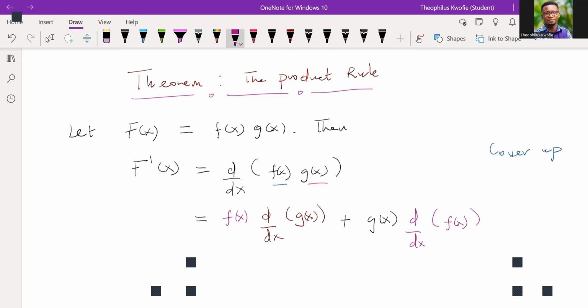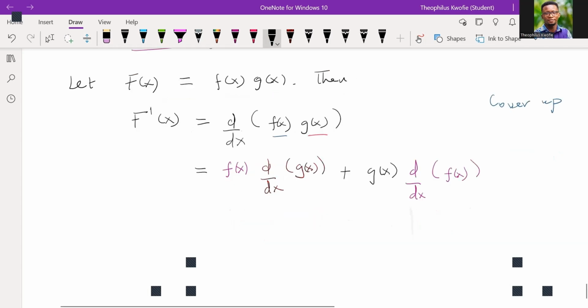The first thing I did was to cover the f of x, which means I'm now going to focus on the g of x. Then since we are talking about multiplication, I bring the addition. Then plus, the second thing that I do is that I cover the g of x. I place my hand on it, then I differentiate the f of x.